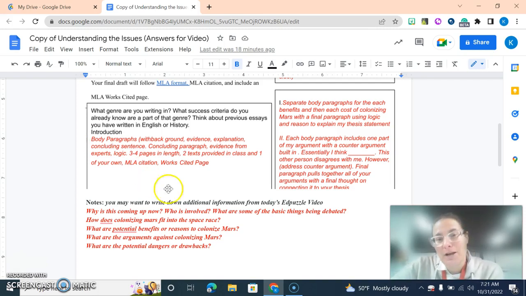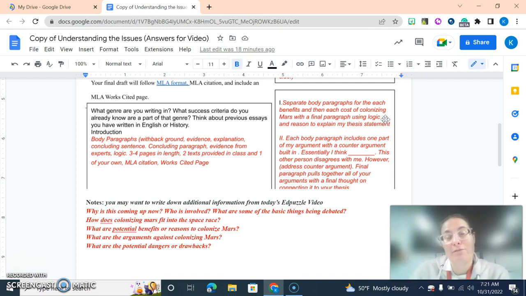Now, the next box over here on the right asked you about organizing your body paragraphs and what should be in your body paragraphs. There's a couple of different ways you can do this. One way you can do this is by using separate body paragraphs for each of the benefits and the costs. So you might have 3 paragraphs describing 3 different benefits or reasons why we should colonize Mars.